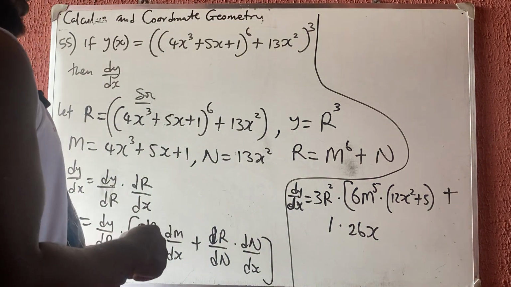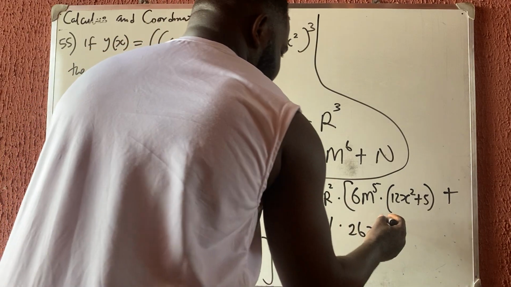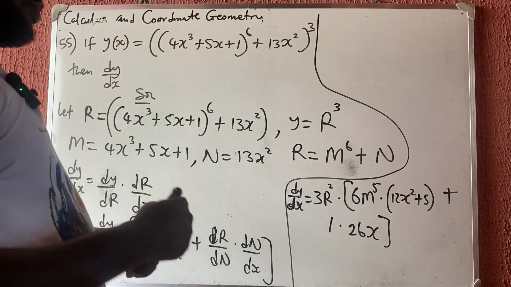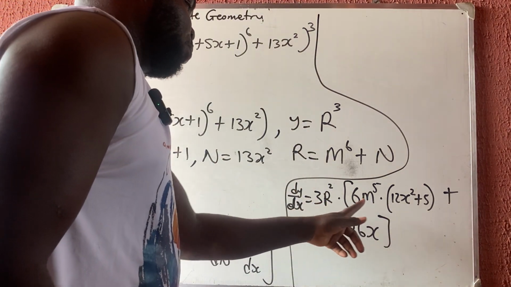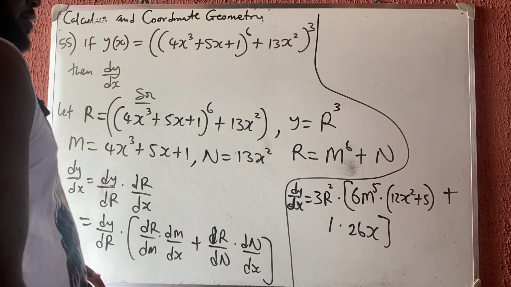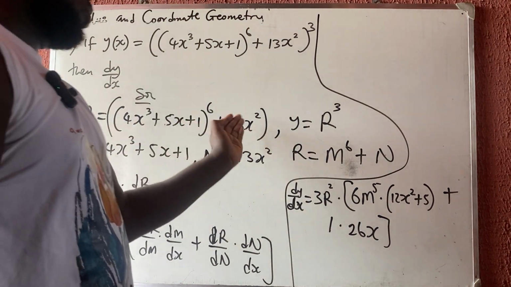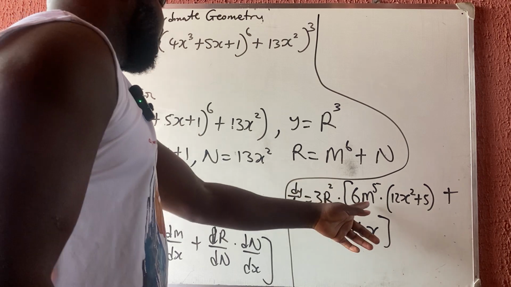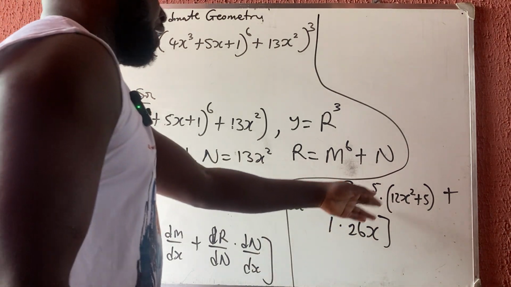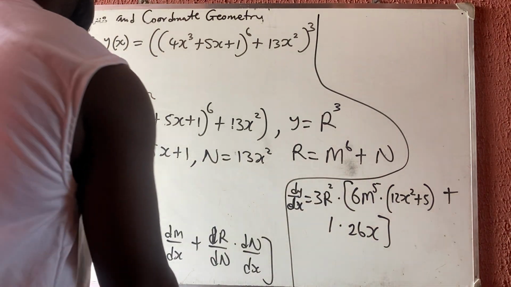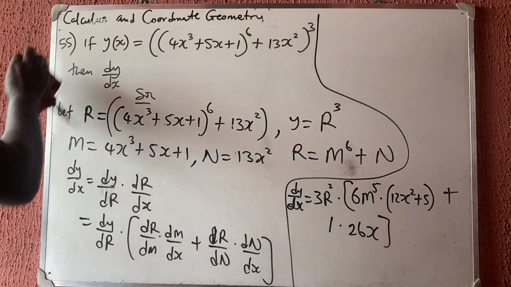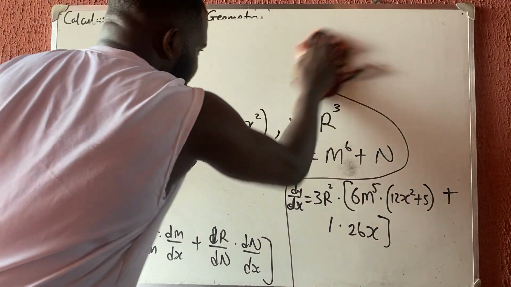So the last answer now is simply put what is your r, put what is your m, and that is your last answer. This is my r, come and put it here, put squared. This is my m, put it here, put raised power 5, and that is the answer there. My board is not too big for me to write it, so just finish it up.